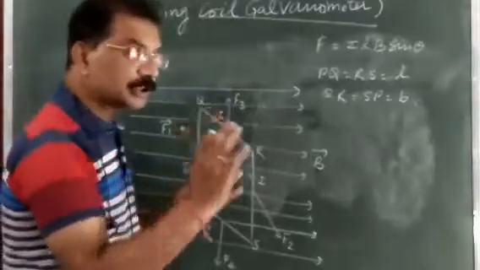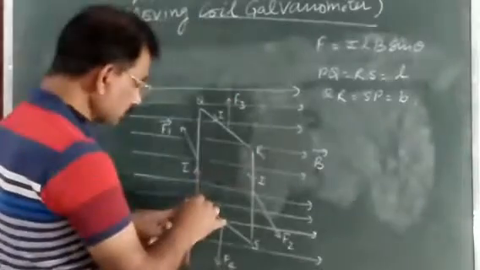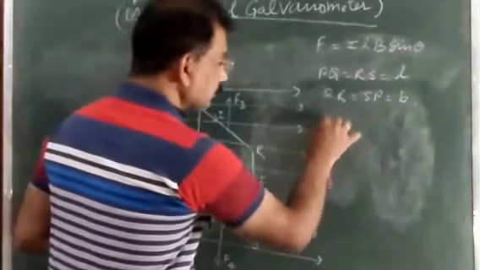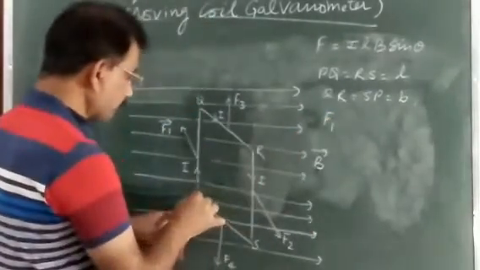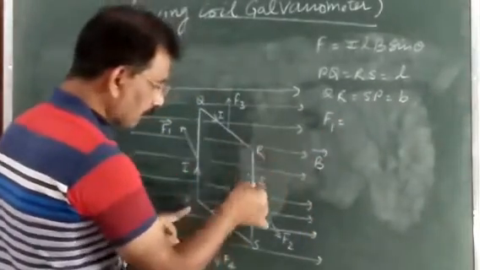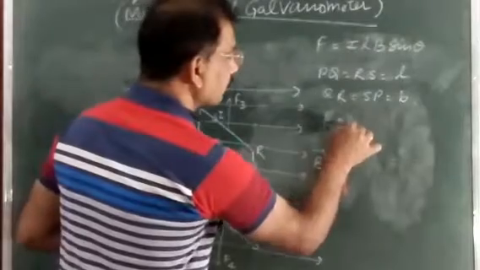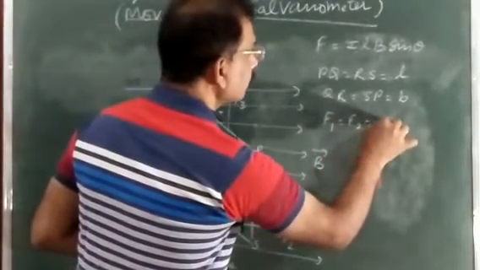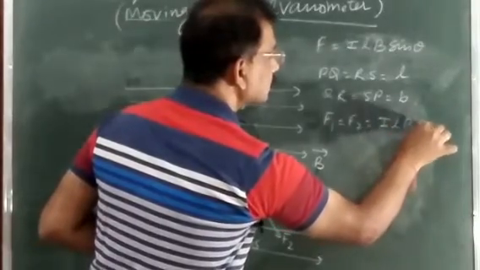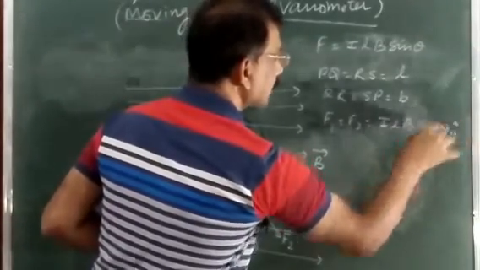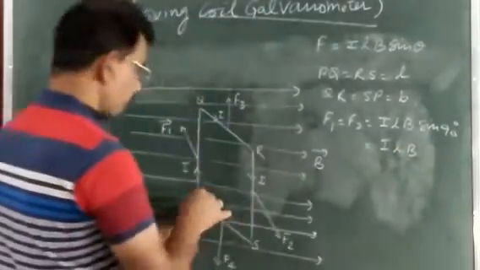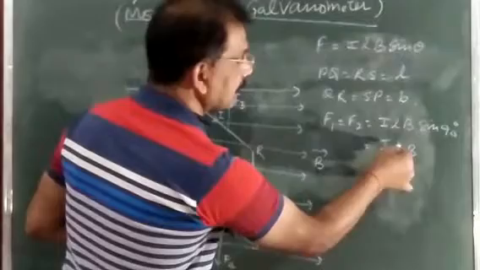It means the magnitude of the force on side PQ, which we take as F1, and the magnitude of the force on side RS, say F2, is equal to ILB sine 90 degrees. It means the magnitude of the force on the sides PQ and RS is ILB.